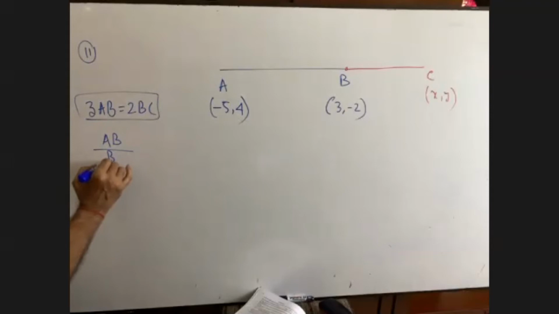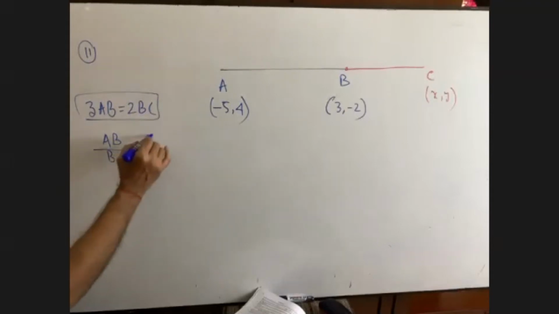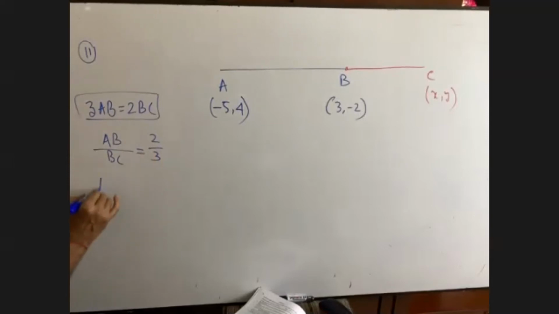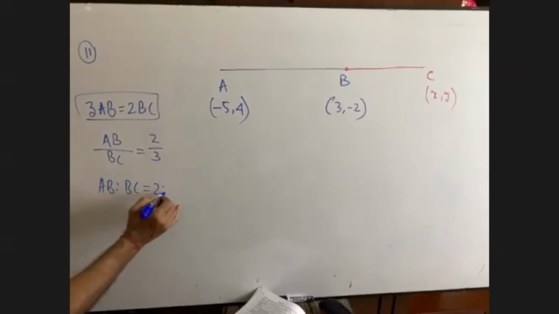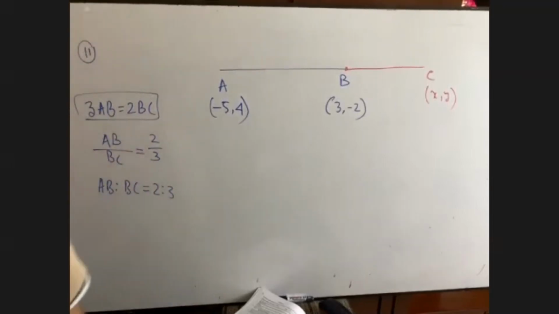This condition is given. So from here, what do we get? AB by BC equals to what? Let me know. 2 by 3. That is, AB is to BC is equal to 2 is to 3. Now let me know. You will do the math using external division formula or internal division formula.